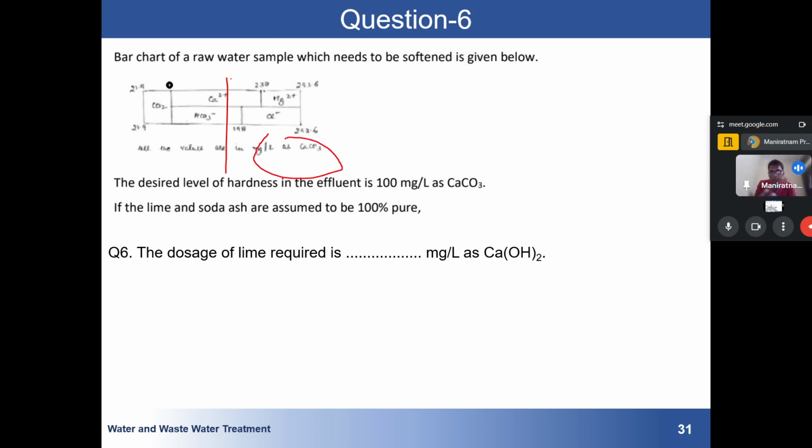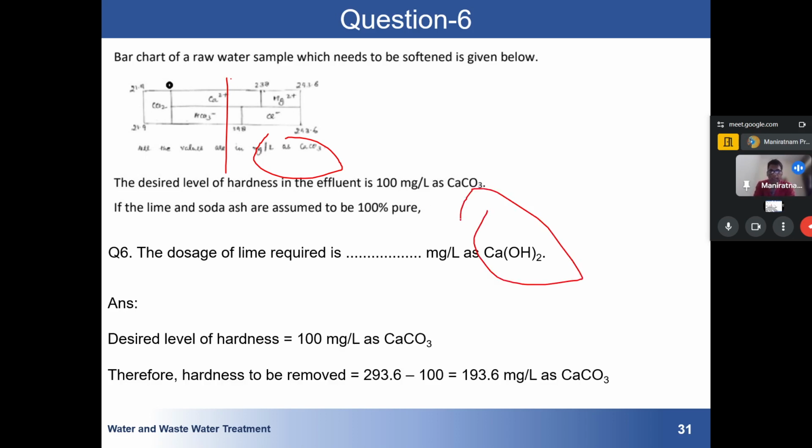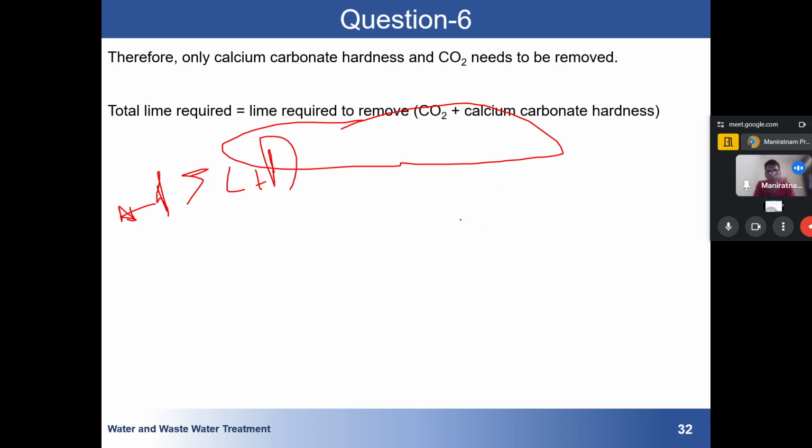So the equivalent of this milligram per liter as CaCO3 will be equal to the equivalent of milligram per liter as this lime, that is Ca(OH)2. So whatever I have to remove, it will be equivalent to the required lime. That's why I have written milligram per liter as CaCO3.